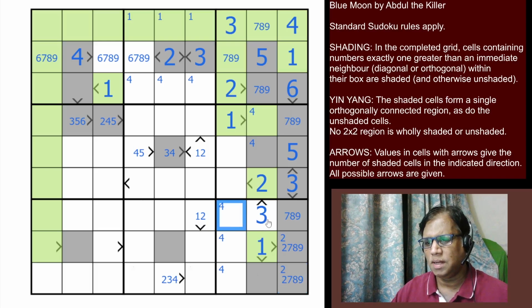Light or 3 is dark. 3 is dark if that's true. If that's true, 3 is light. Now we don't know. 4 is here, right? So 6 is somewhere here, right? That means 6 is dark. So what, no wait, why did I say that 6 is here? 6 could be here, sorry, my bad.